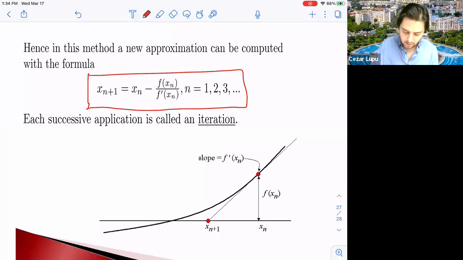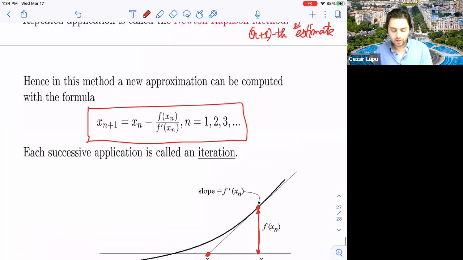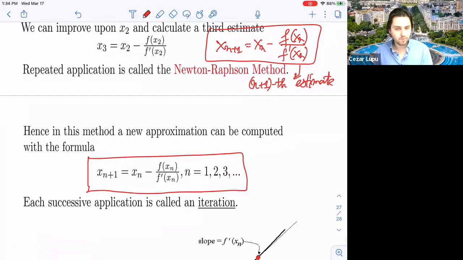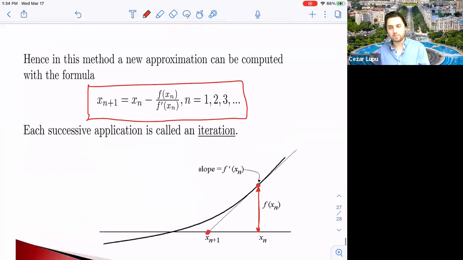And as you can see here, the slope is nothing else than just the derivative at xn. And here we have the point xn plus 1. So here we have the point of coordinates xn, f of xn. Just like I said previously, it's the same thing.